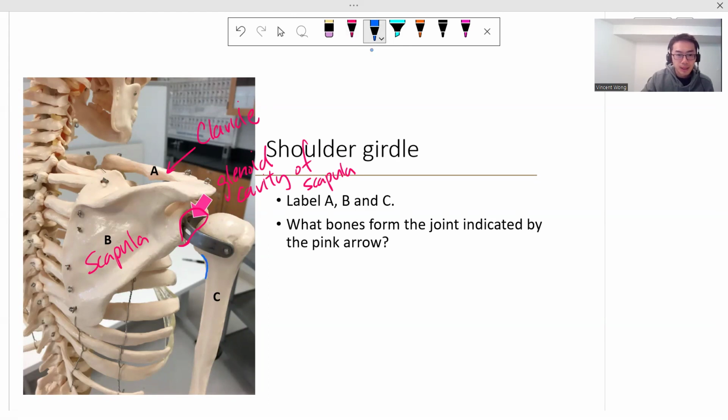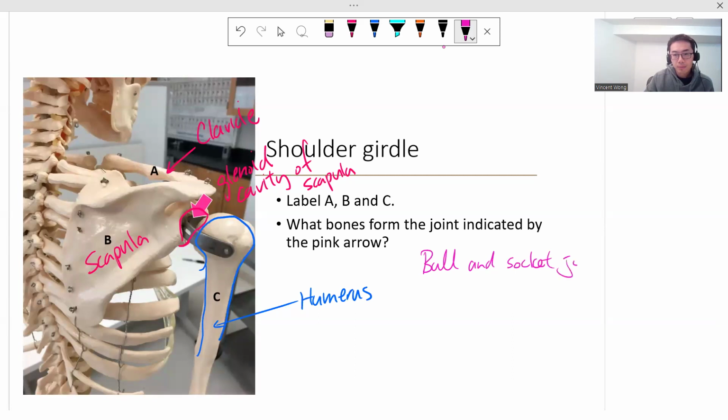And then it's going to be connecting with C right here. And I'm sure you know that one. Humerus. And this is a ball and socket joint.